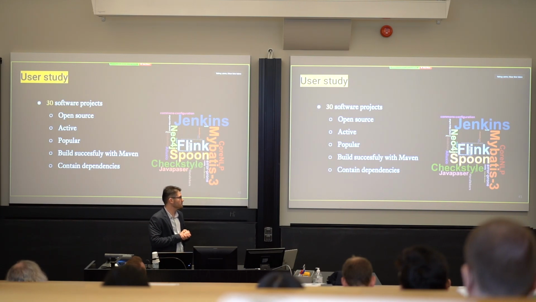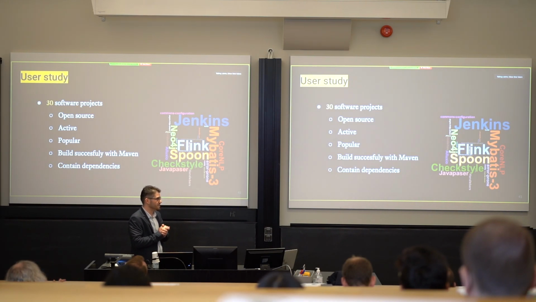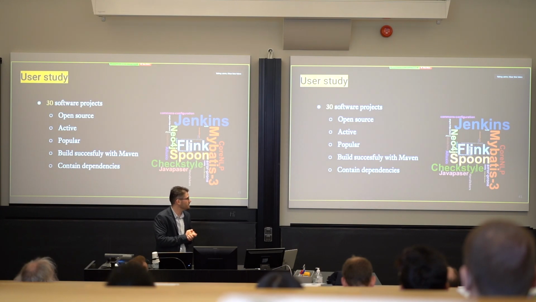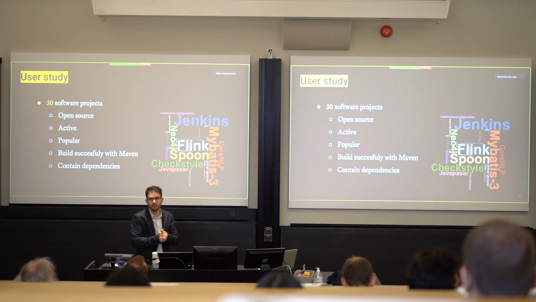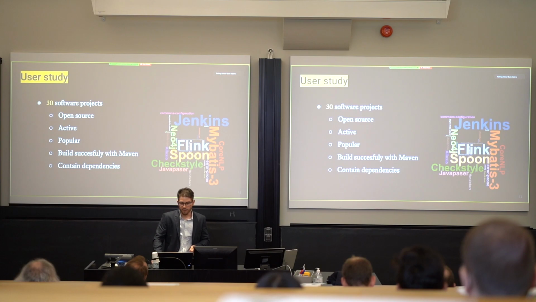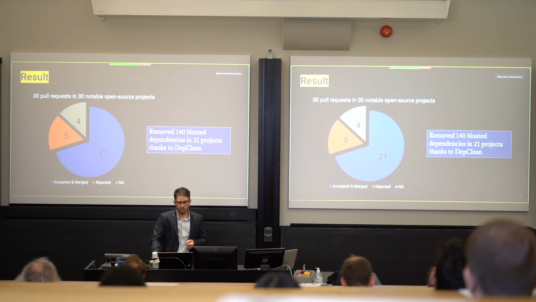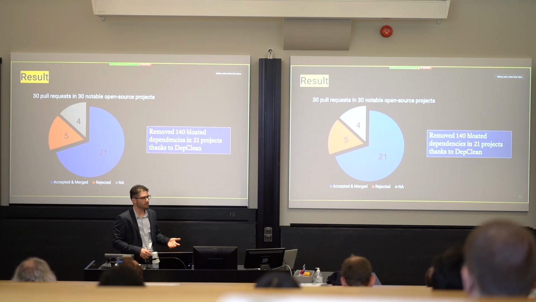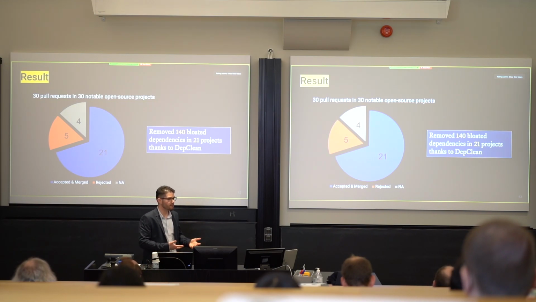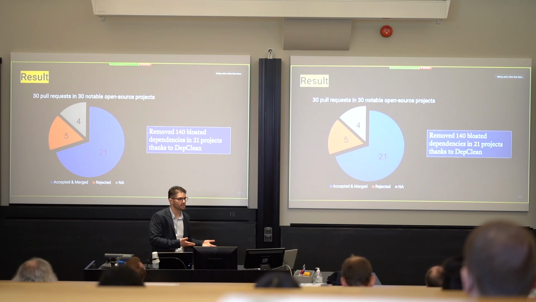If you are into Java, you probably will recognize Checkstyle, MyBatis, Jenkins, Neo4j, and so on. We analyzed these projects. We submitted pull requests to developers suggesting the removal of bloated dependencies.